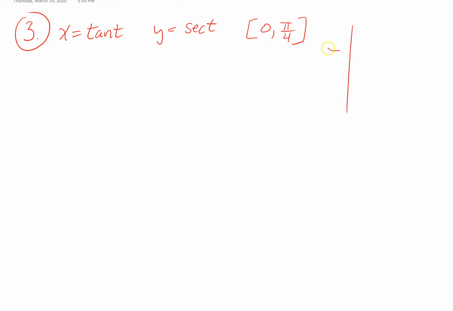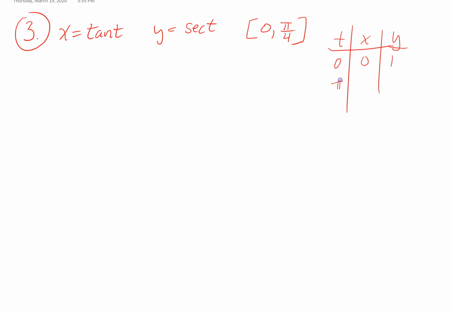We've talked on the video before about having a little table. If t were 0, what's the tangent of 0? Well, it's 0. What's the secant of 0? The cosine of 0 is 1, so the reciprocal of 1 is 1.